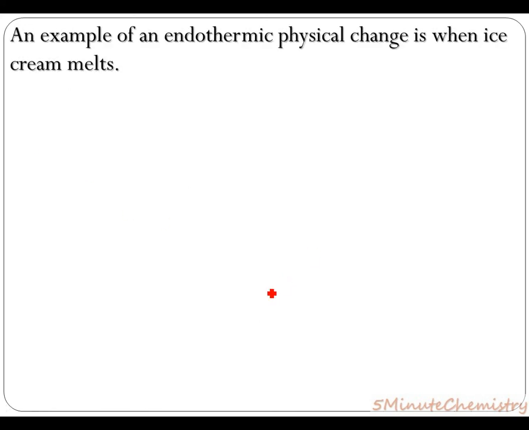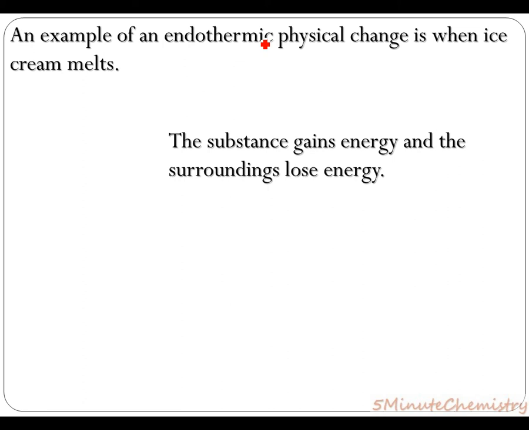Now let's consider again the ice cream example, this endothermic physical change. We have our ice cream cone. The substance gains energy and the surroundings lose energy. The ice cream here is the substance, and then I have my surroundings.